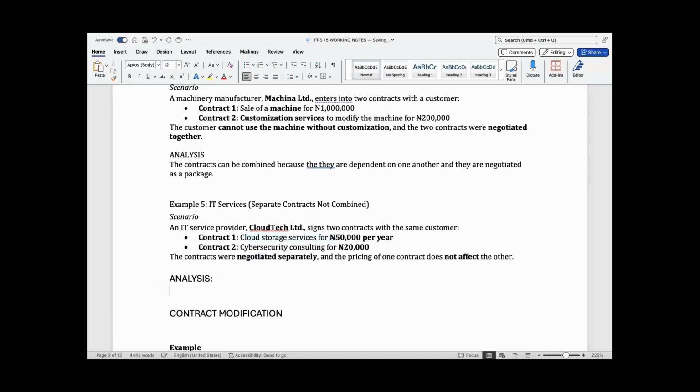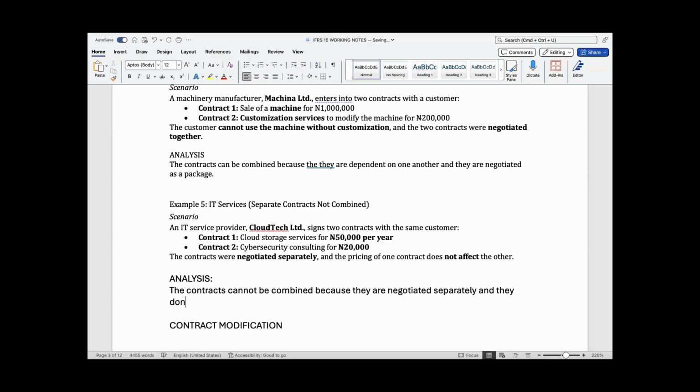So for this one now, the contracts cannot be combined. Because they are negotiated separately and they don't have interdependent pricing.